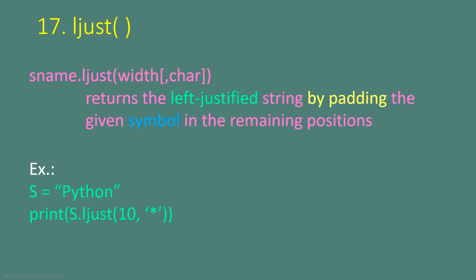For example, s is equal to "Python", and we are justifying Python on left side along with star. Since the width is given as 10, the output is going to be the first 6 characters as Python and the last 4 spaces are filled with the given character star, in which the given string is left justified.